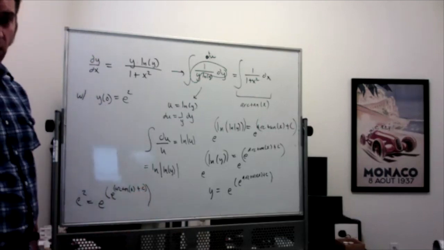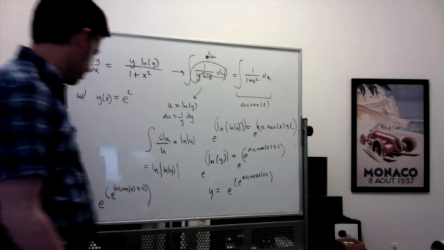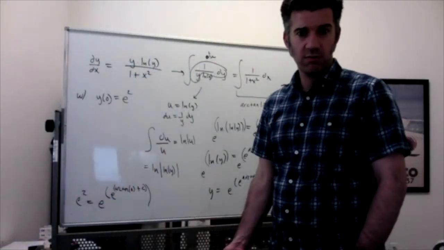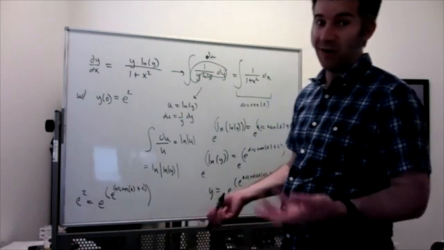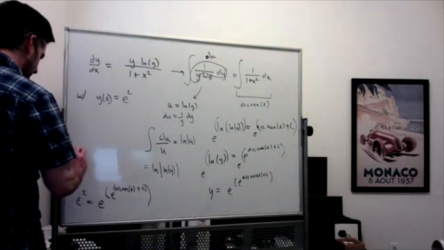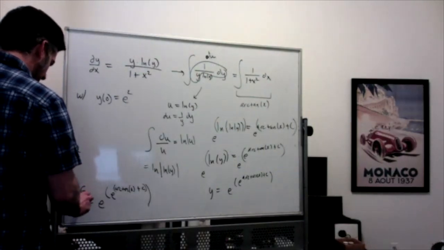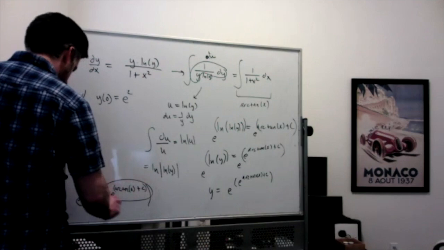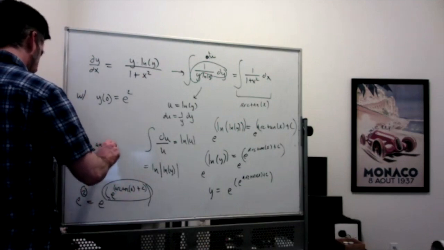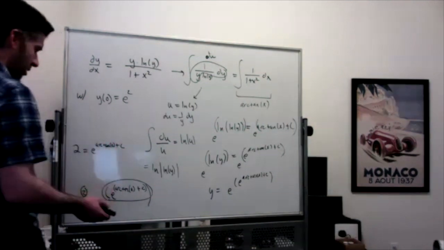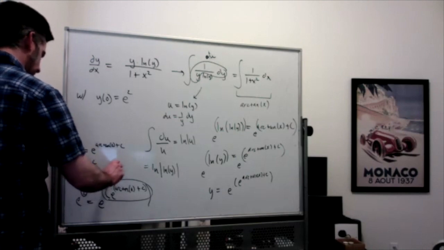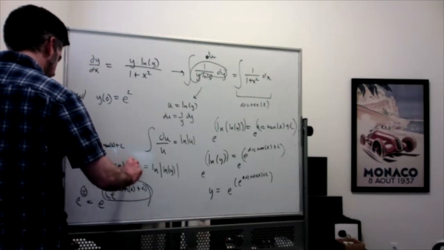What's the arctangent of 0? 0. So basically, I'm just going to get rid of the e's here and say the exponent here, 2, has to equal the exponent here, arctangent of 0 plus c. But arctangent of 0 is 0, so 2 has to equal e to the c, so c has to equal the natural log of 2.